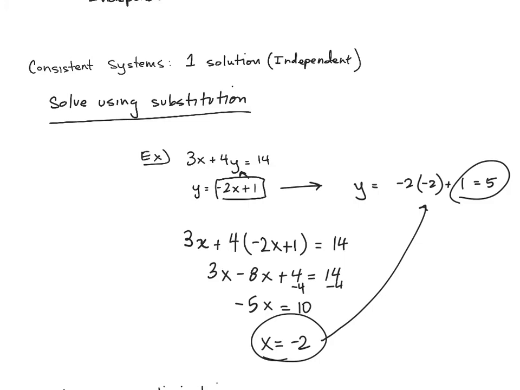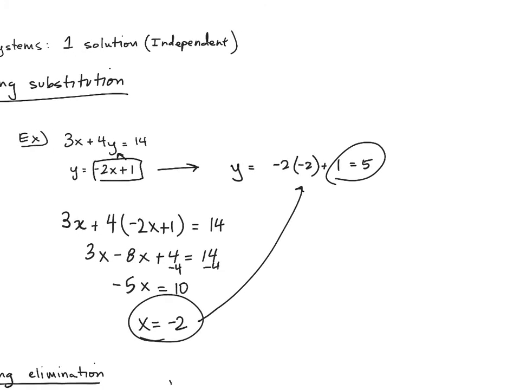It is correct now to represent your solution as an ordered pair, negative 2 comma 5, because remember what we're actually doing is finding on a graph the intersection point between this line and this line. If we were to graph both lines, they would intersect at this point, negative 2 comma 5. So it is correct to represent your solution in this case as an ordered pair, negative 2 comma 5.